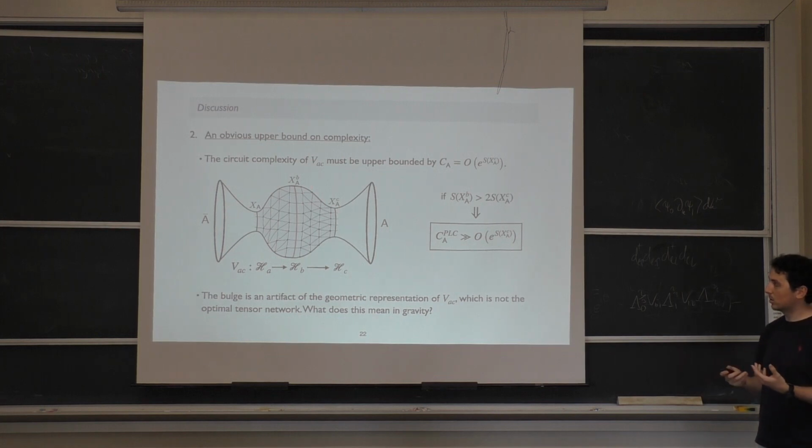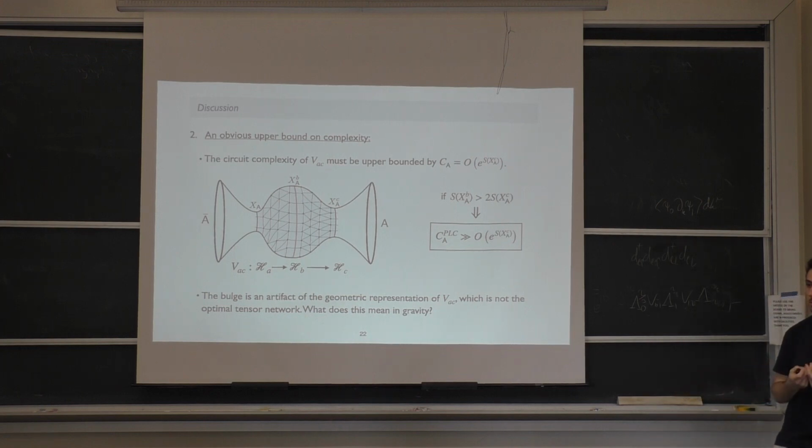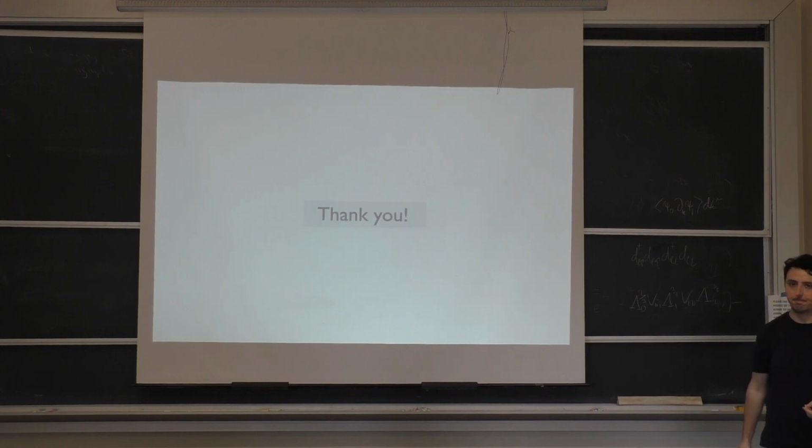So in these situations, at least from a tensor network interpretation, there should be a better way to think about this interior in terms of a tensor network, which is shorter than expected. And the question that I want to understand is whether this means something in semi-classical gravity or not. Thank you.